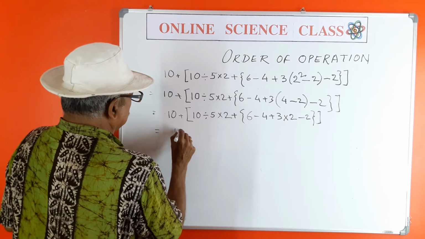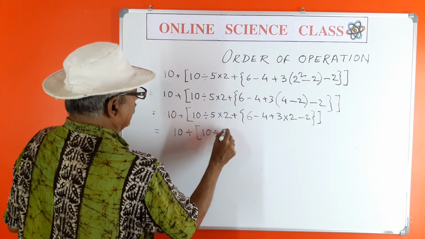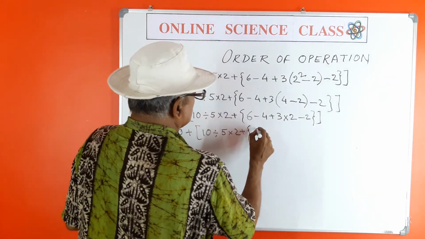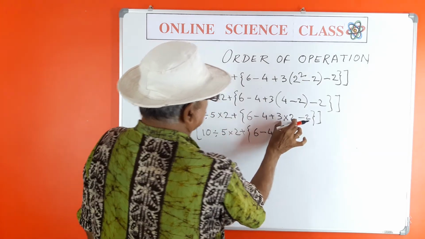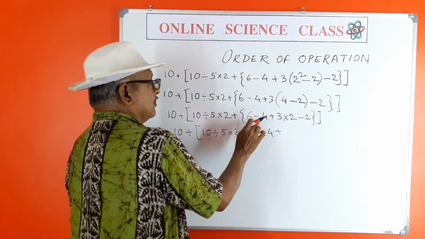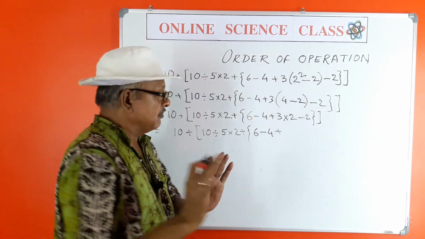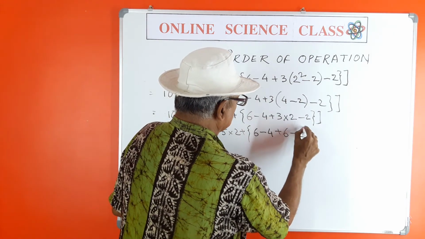This becomes 10 plus 10 divided by 5 into 2 plus, here it comes 6 minus 4 plus, here the multiplication, here it is subtraction, addition, subtraction, this is multiplication. So multiplication to be done first. 3 into 2, 6 minus 2.